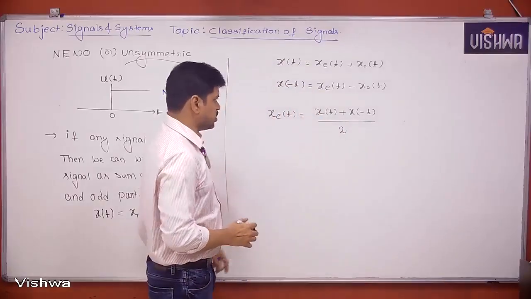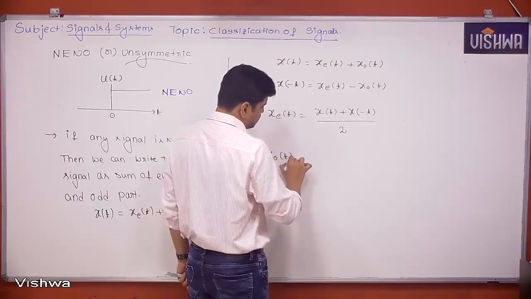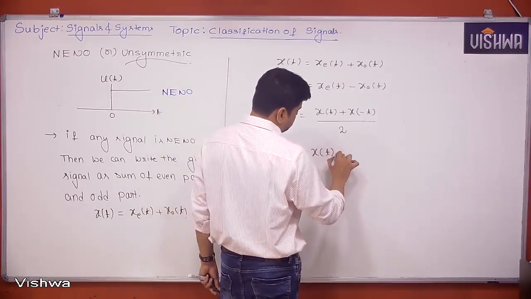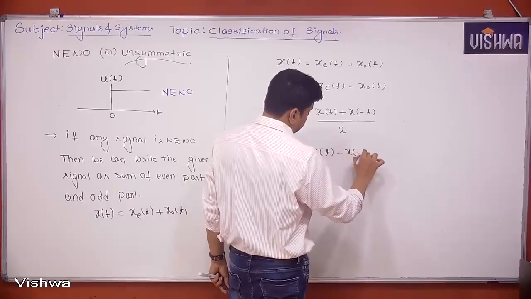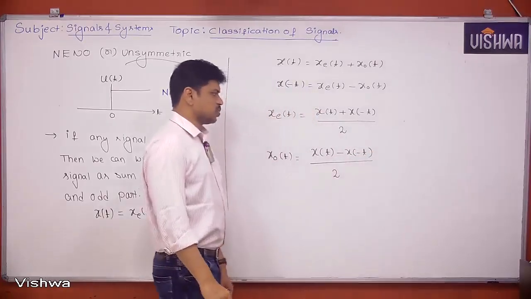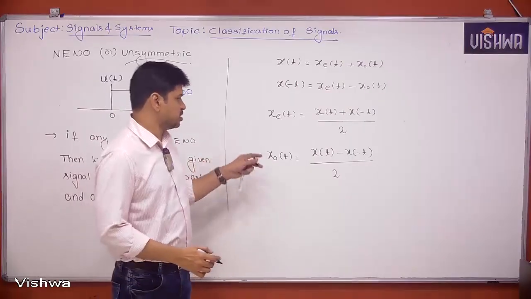That's the meaning of it. Next, what is the odd part? The odd part can be calculated as x of t minus x of minus t divided by 2. Okay, take it. This is the even part, this is the odd part.